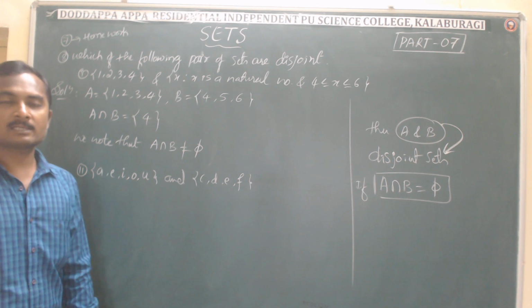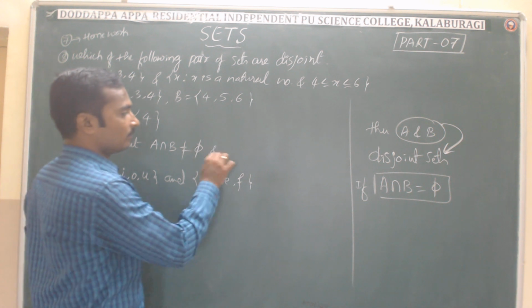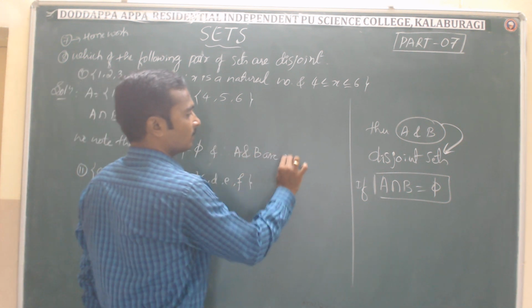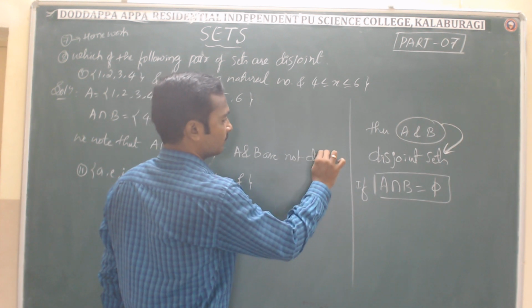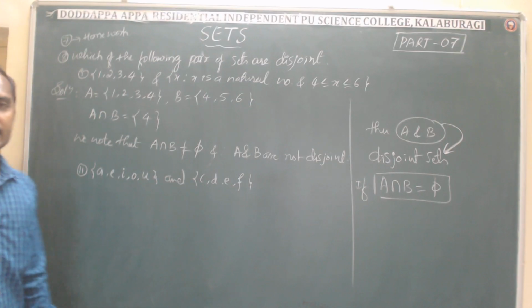Therefore, A and B are not disjoint sets.